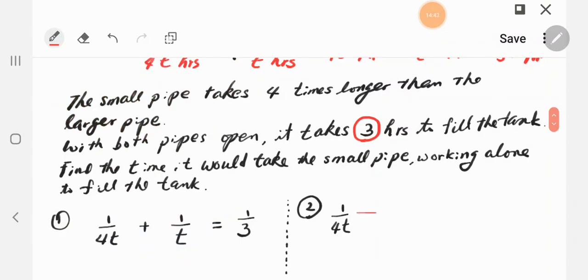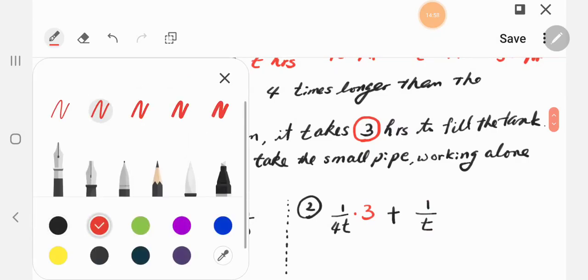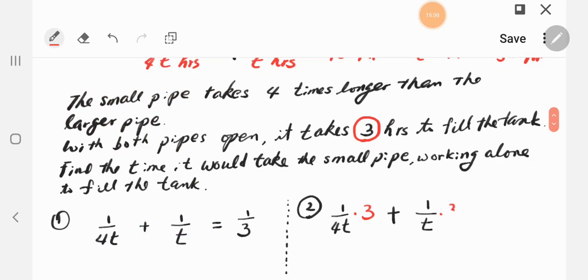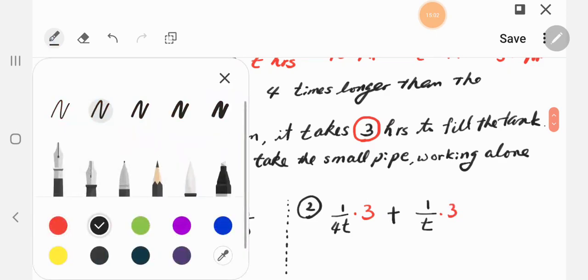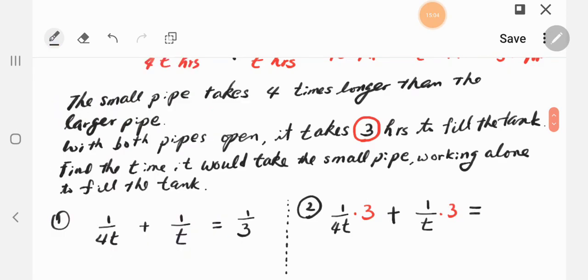If both of them work together, it takes 3 hours. So multiply this by 3. And for the larger pipe, 1/T is the work rate per hour, so multiply this by 3 hours, because both worked for 3 hours.